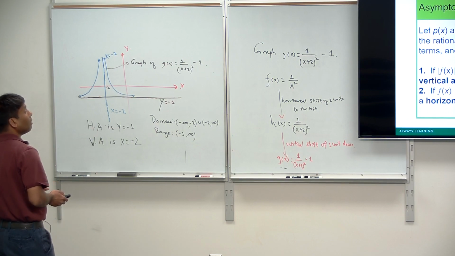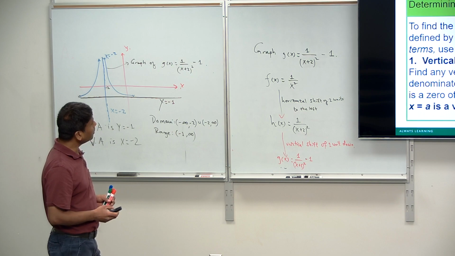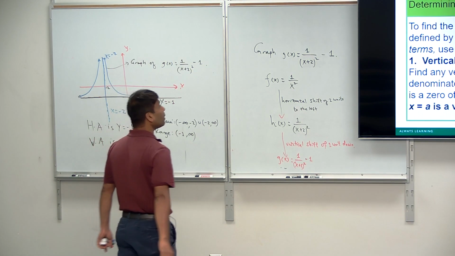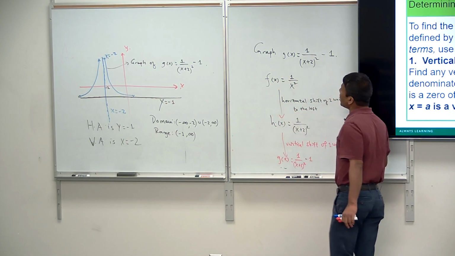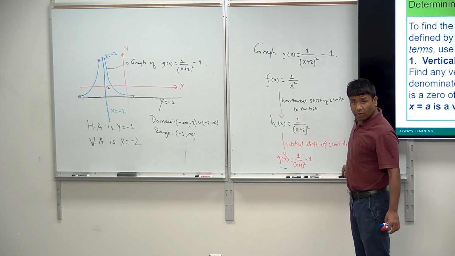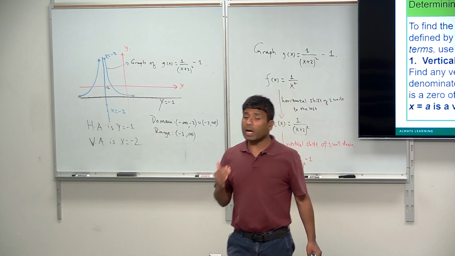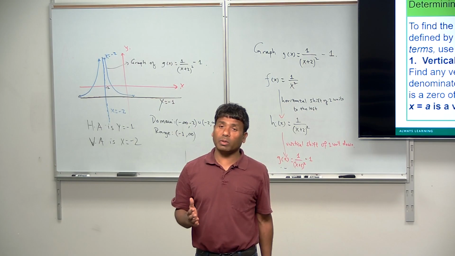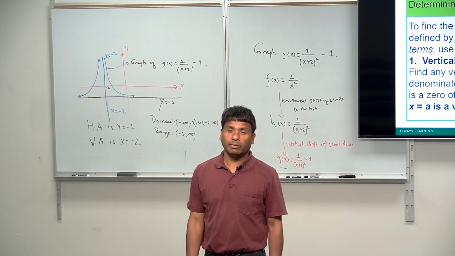Okay, so now let's talk about the asymptotes. So look here. If you want to find the vertical asymptotes, you set the denominator equal to 0.